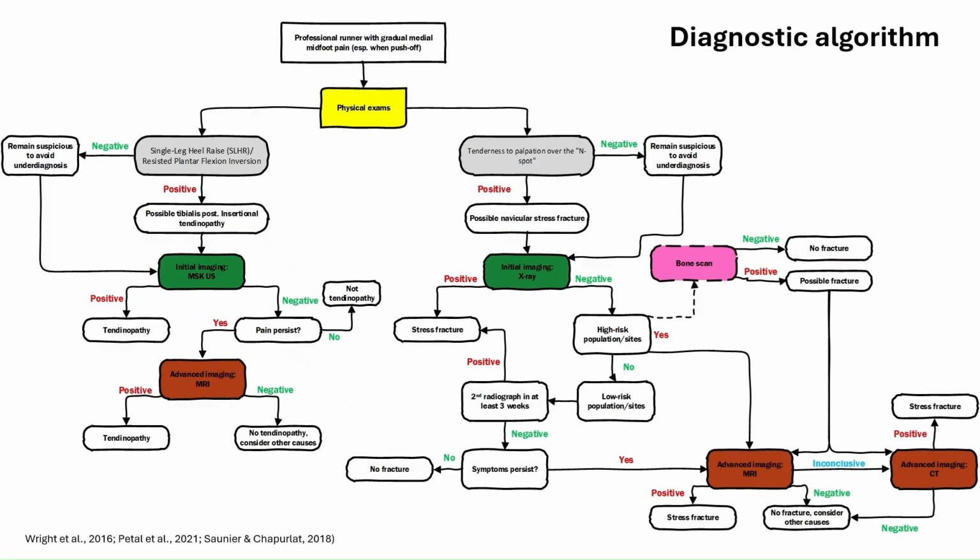If the second X-ray becomes positive, a stress fracture can be diagnosed. If it remains negative and the symptoms have resolved, a stress fracture can be ruled out. If it remains negative but pain persists, an MRI is recommended.